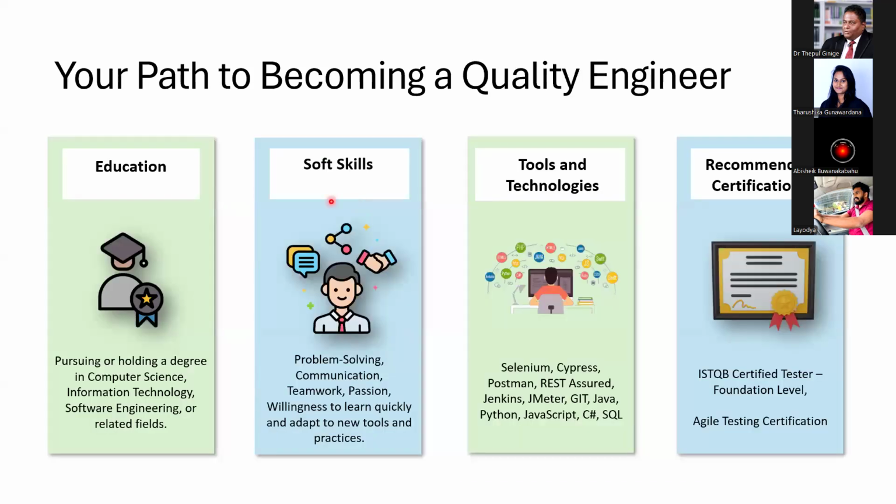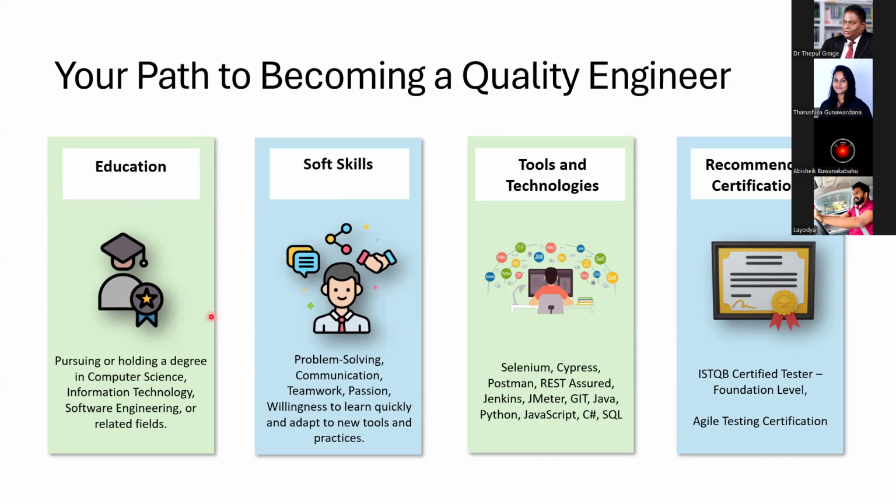And when it comes to your path to becoming a quality engineer, as I have mentioned before, it's not enough to have just the degree, right? You need to have a degree, or else maybe some professional courses in quality engineering, right?